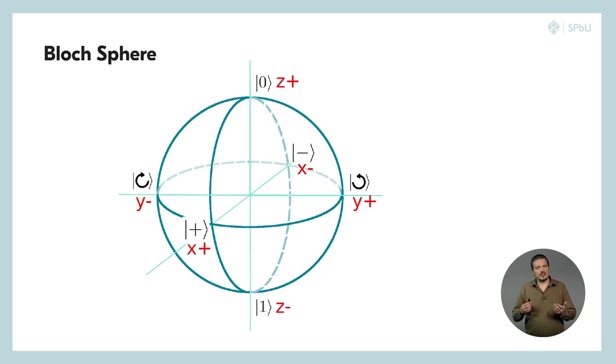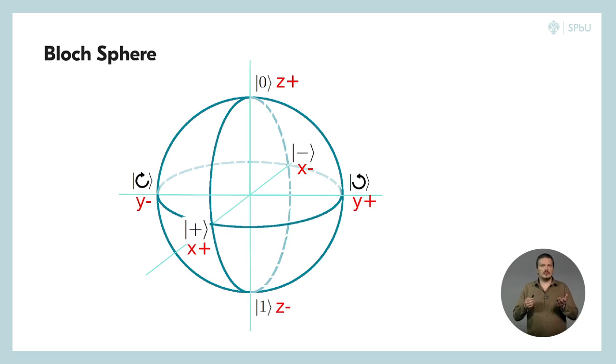These two states constitute the basis, which defines the spin measurement along the z-axis. X-axis has the angle of pi divided by 2 with the z-axis, and we will place here our states for spin up and spin down along the x-axis. These states we will call plus and minus, and they constitute the basis for measurement of the spin along the x-axis.